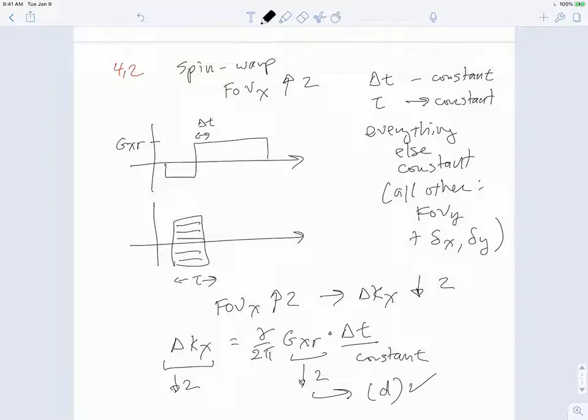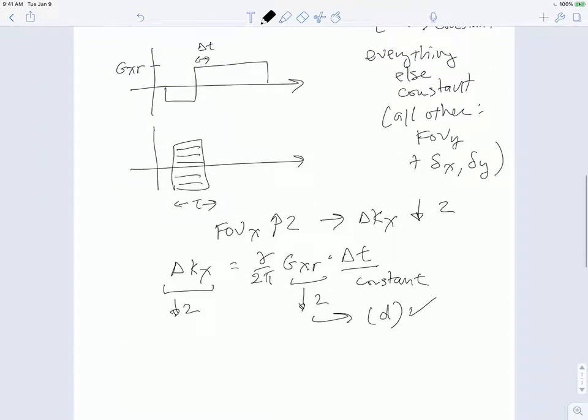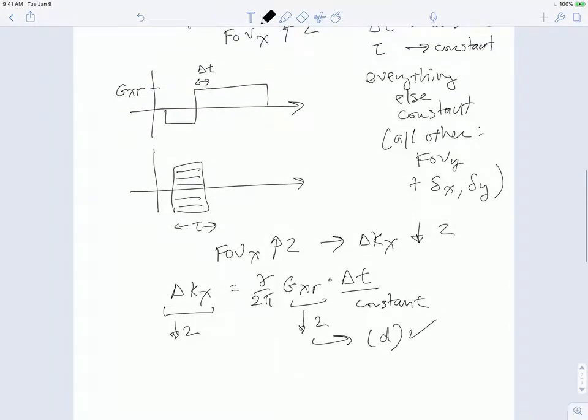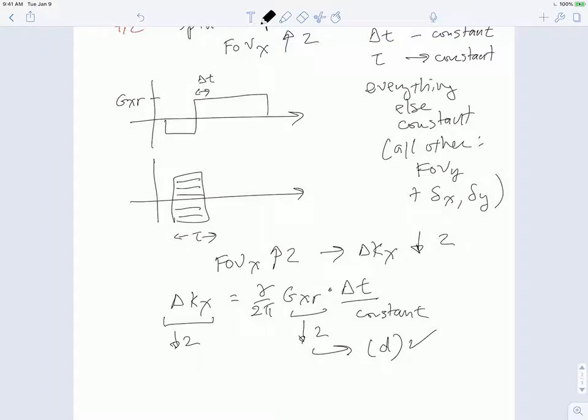That's one choice, and in this case it said there might be more than one option. So let's look at that. The FOV has changed, and the delta x is the same. FOV of x has gone up by a factor of 2, but delta x is the same.